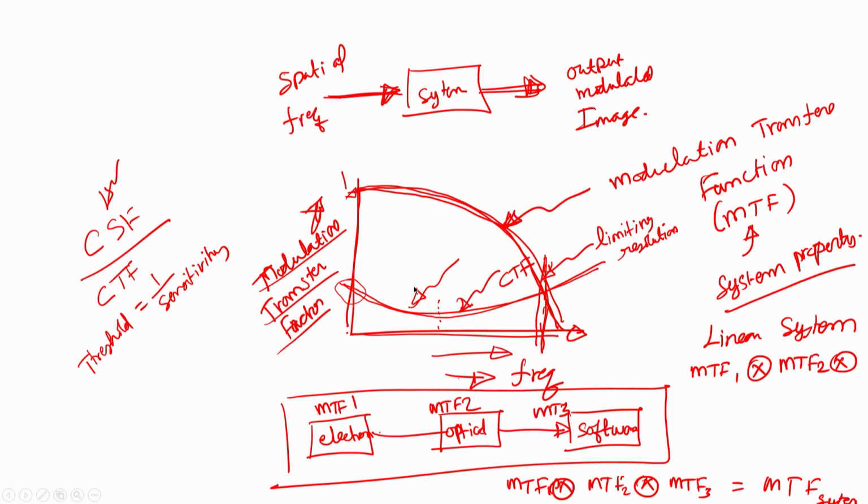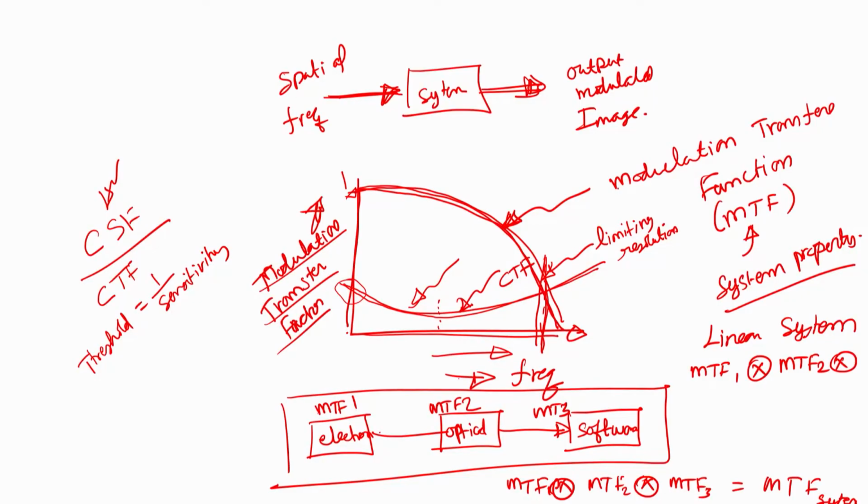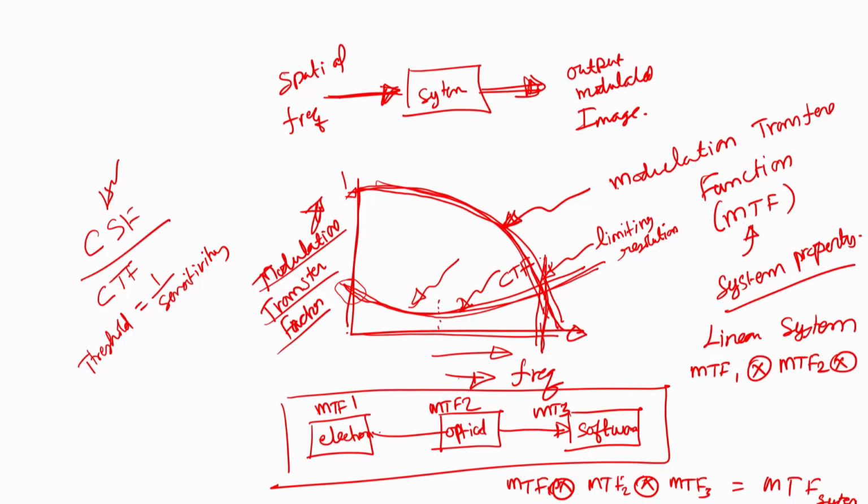This is where psychophysics comes into the picture. Earlier, the resolution was dictated by the anatomy and physiology. This MTF is dictated by the system properties, from outside. Now, this is the CSF, which is a psychophysical curve. Together we can put them together to find out what the limiting resolution is.